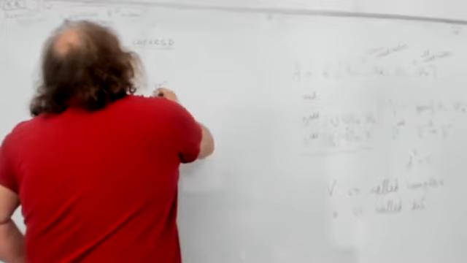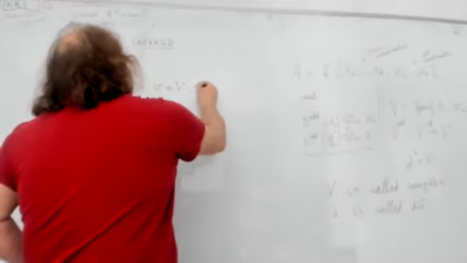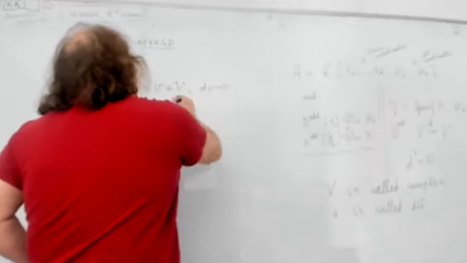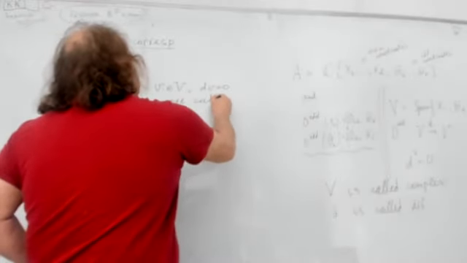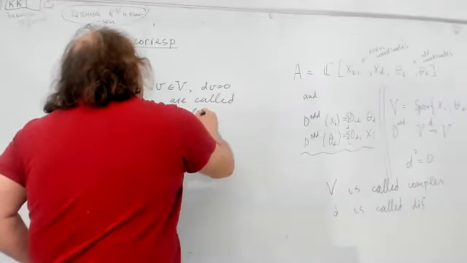Elements of V such that dV equals 0 are called closed.